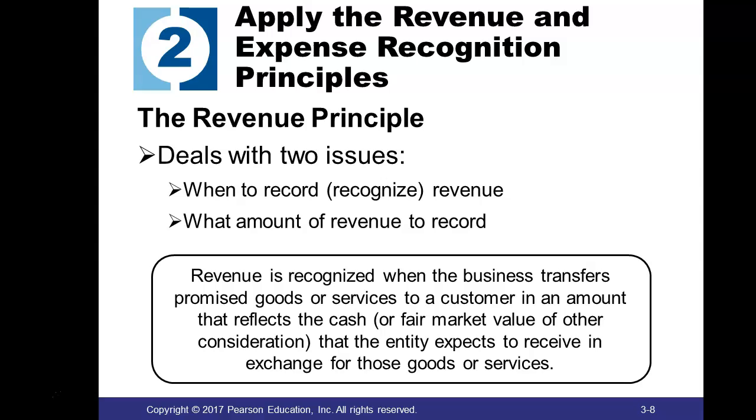But there's also another issue. You have to have an amount. You have to be able to quantify that amount, and that's what amount of revenue to record. We want to record the fair market value of that service, or the consideration. In this case, we have a contract between the two of us for $50,000 for me to provide that service. I provided that service, and I'm going to recognize the revenue.